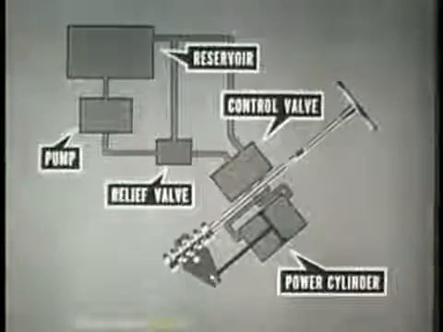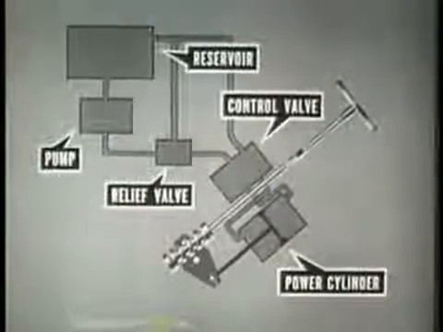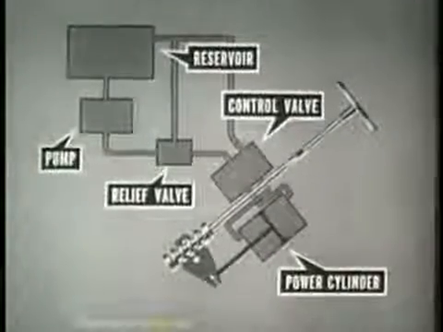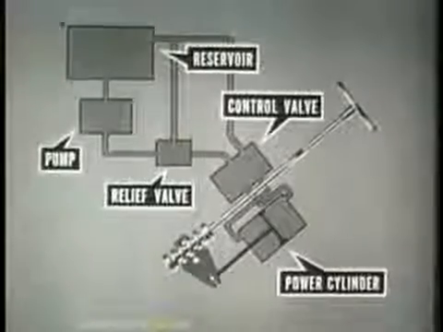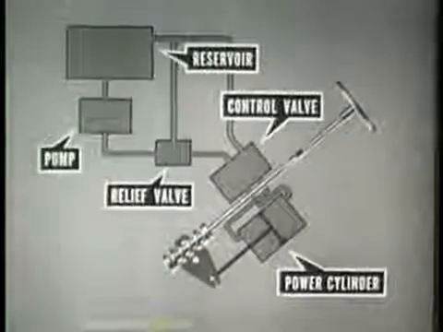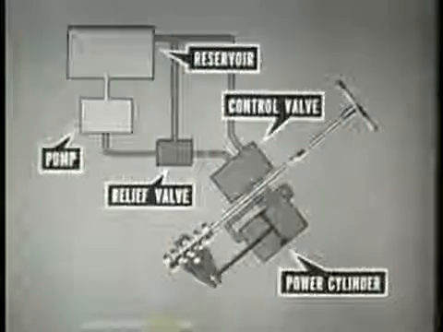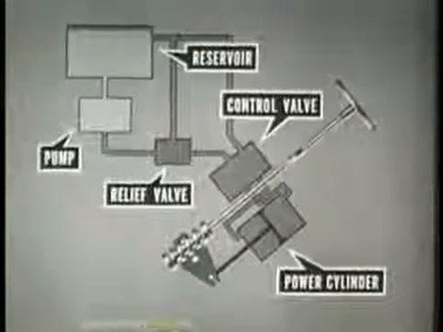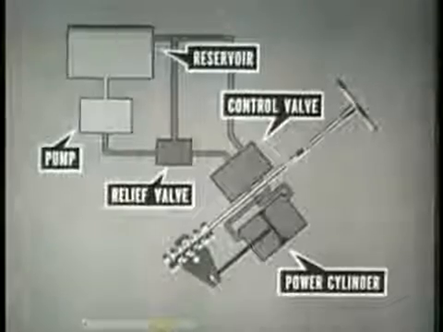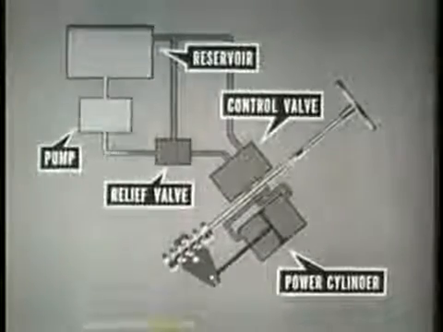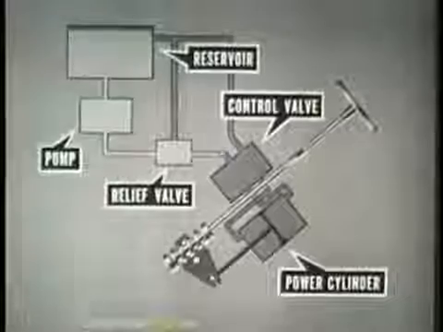Let us view the 5 major components of the hydraulic system as they operate progressively to deliver the steering assist. The reservoir supplies fluid. The pump, driven by the engine, delivers the fluid under pressure to the relief valve and control valve.